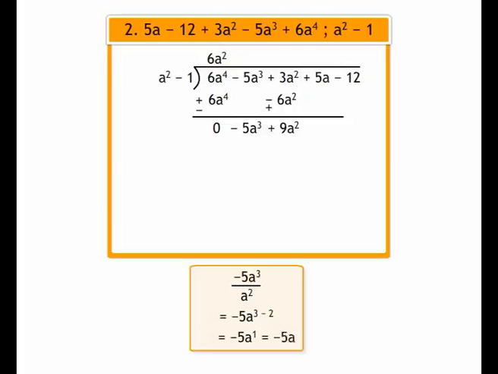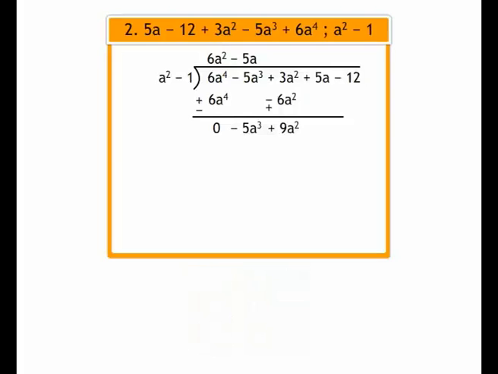Now we will write minus 5a as the second part of the quotient above the line. After this, we will multiply the quotient, that is minus 5a, with the divisor, that is a square minus 1.